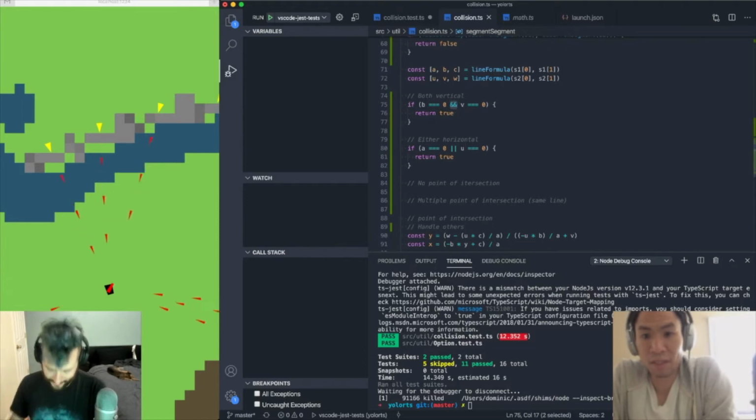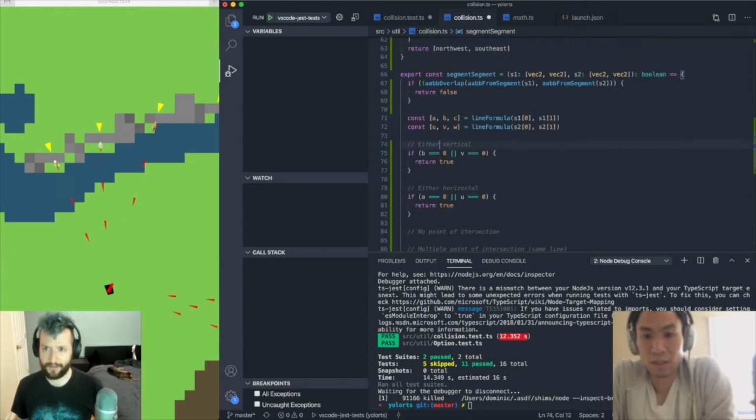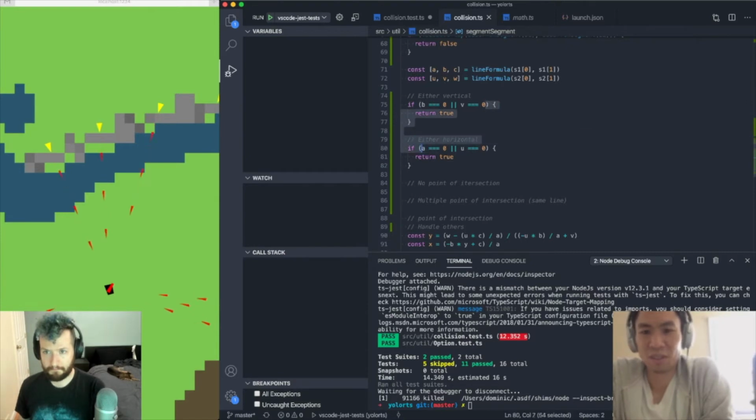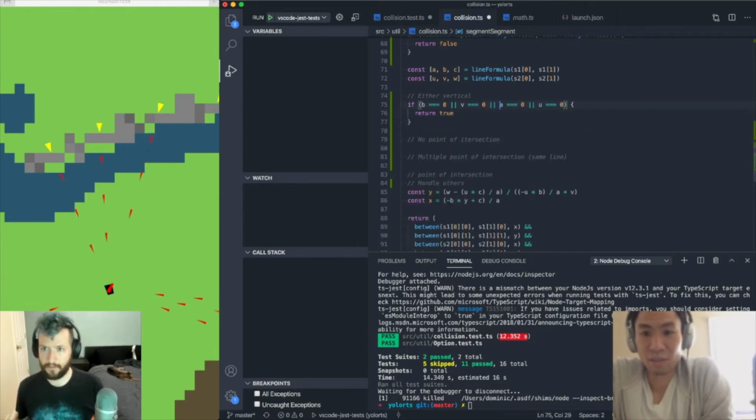And then we can safely say that V is also, and I think that's correct because of the bounding box check above. So these two could be combined together: if A is 0 or B is 0 or U is 0 or V is 0, then you know that we have horizontals or verticals. That is true. And I'm going to alphabetize it.